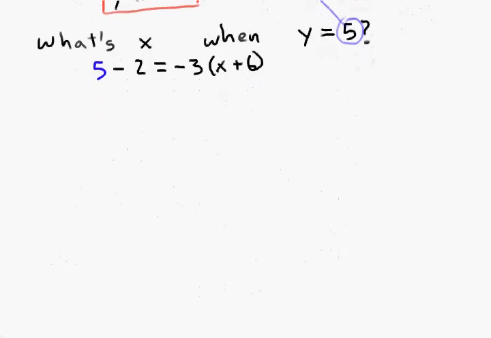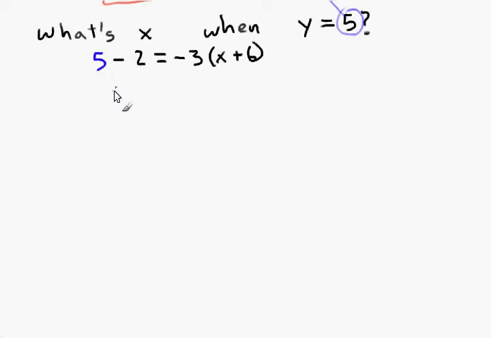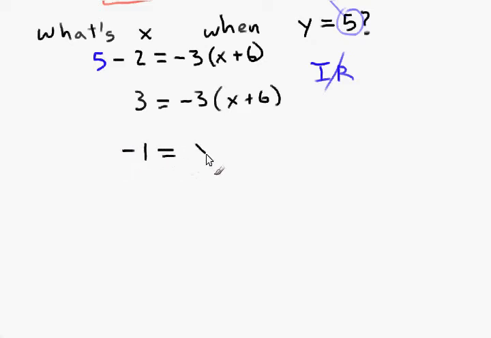Okay, let's start solving. This simplifies on the left-hand side to 3. We're just going to do a little bit of inverse-reverse, just like we have in the past. We'll divide both sides by negative 3, so negative 1 is equal to x plus 6, and then we'll subtract 6 from each side. So negative 7 will be equal to x.